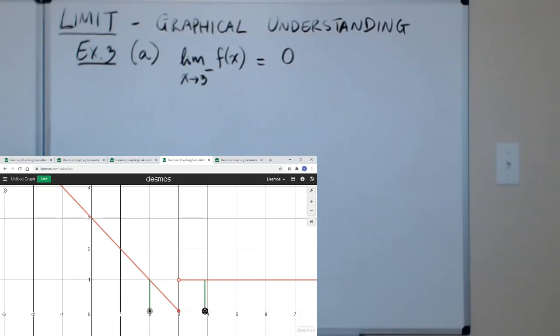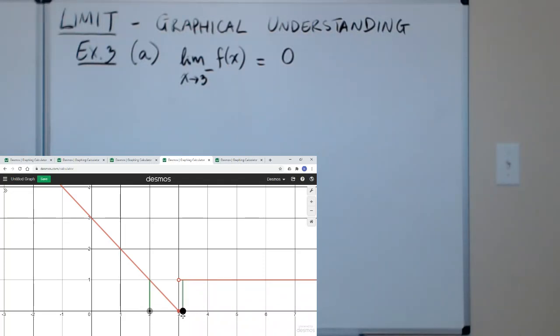Being a constant piece, no matter where you are, as long as you are to the right-hand side of 3, you are constantly having an output value 1. That's why anywhere I move my black point on the right-hand side of 3, the green height remains constantly 1. And as I let my x value come closer and closer to 3 from the right-hand side, my green height becomes 1.